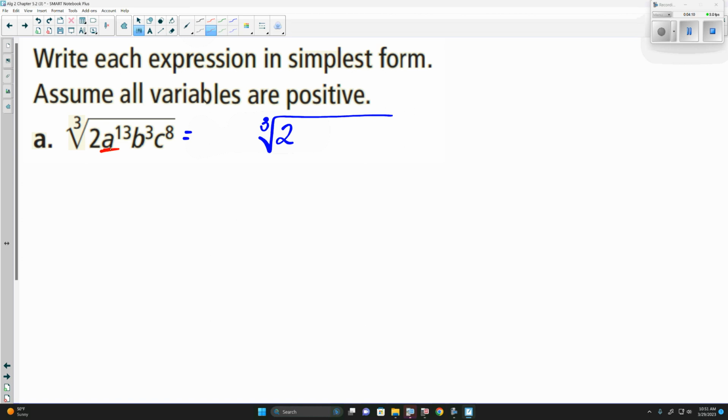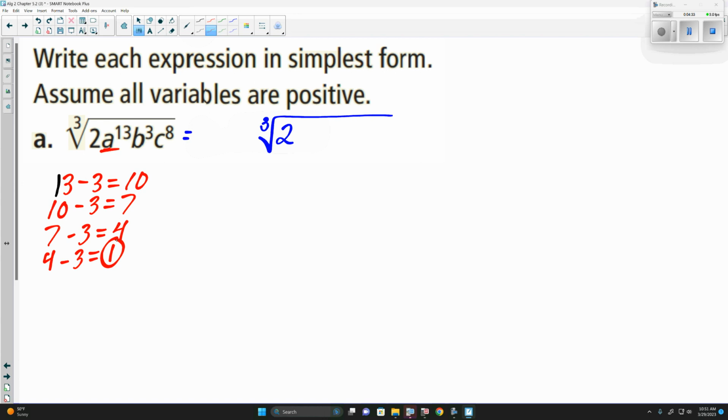Now the next term we can look at is a to the 13th. So we're trying to see how many groups of 3 we can take out of 13. So we can say 13 minus 3 is 10. 10 minus 3 is 7. 7 minus 3 is 4. 4 minus 3 is 1.